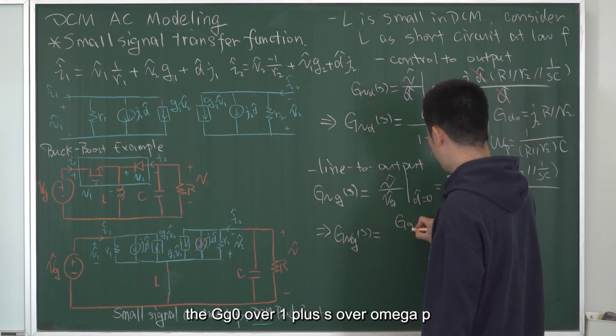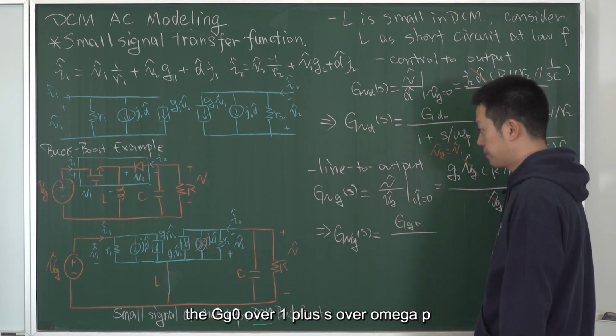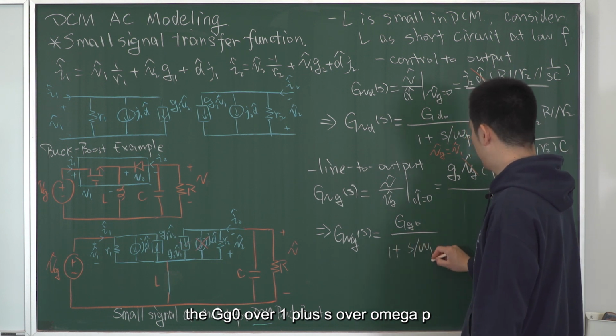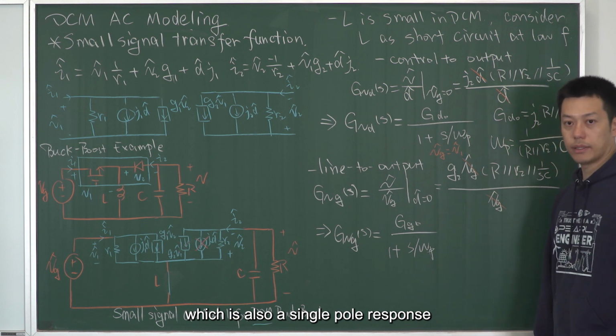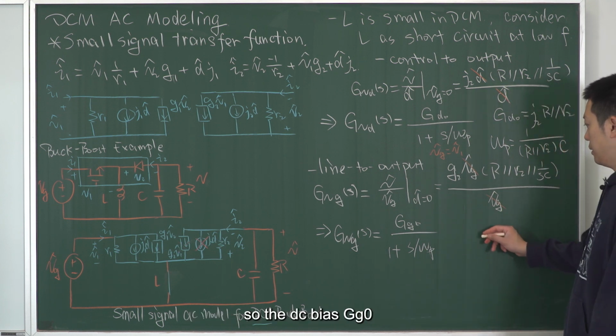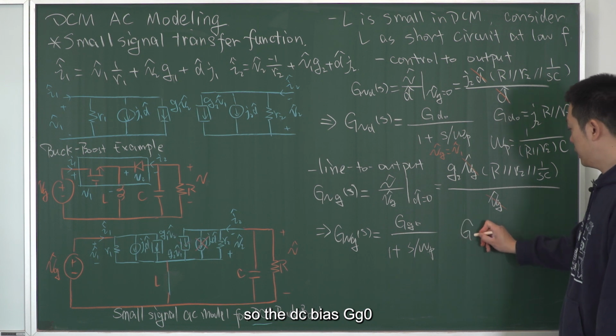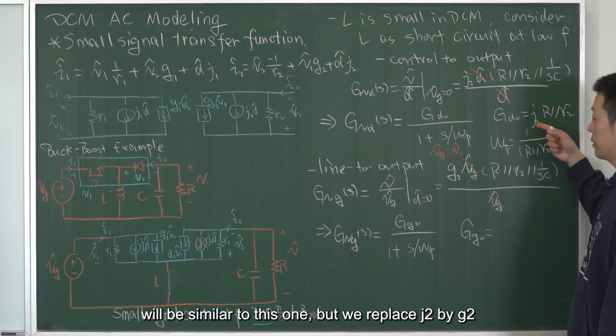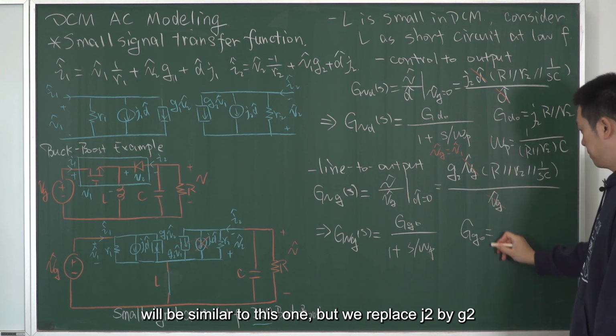GG0 over 1 plus S over omega p, which is also a single pole response. The DC gain GG0 will be similar to this one, but we replace J2 by G2.